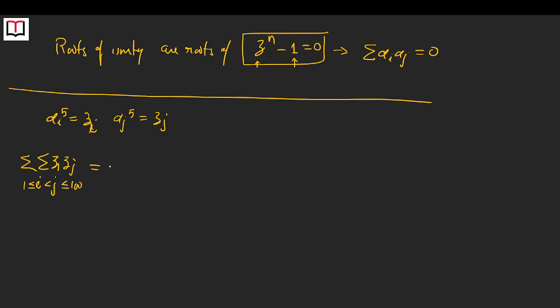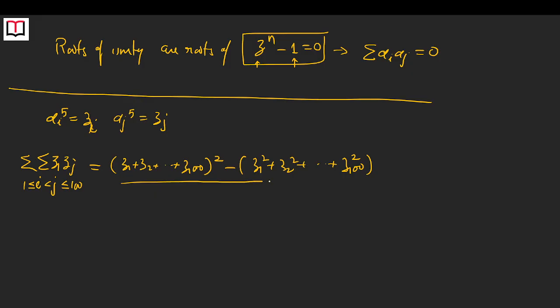Okay, the best way of doing it is using the perfect square identity. So what is it? (z1 plus z2 plus dot dot dot z100) whole square minus (z1 square plus z2 square plus dot dot dot z100 square), whole divided by 2. That's it. Now this first part is nothing but the sum of all the roots of unity, which is 0.